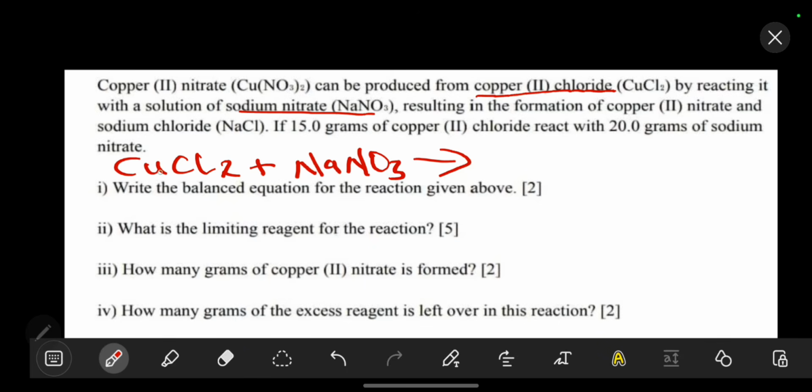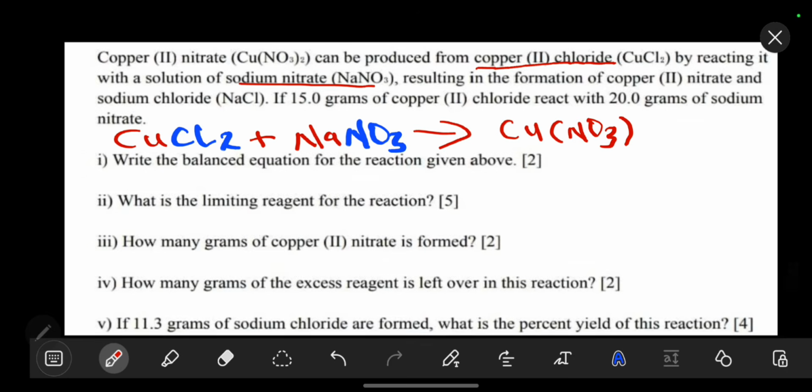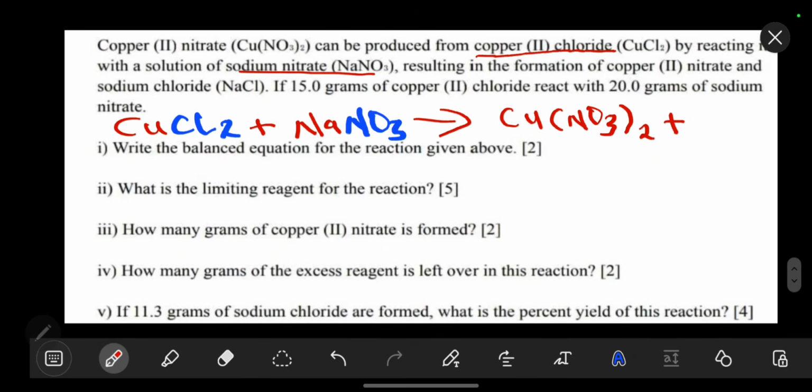The nitrate and the chloride interchange places. So we are going to have our copper 2 nitrate, which will look like this, with a 2 there. Then plus our sodium bonded with chlorine. Remember, the valency of sodium is just 1, so it will just be NaCl.